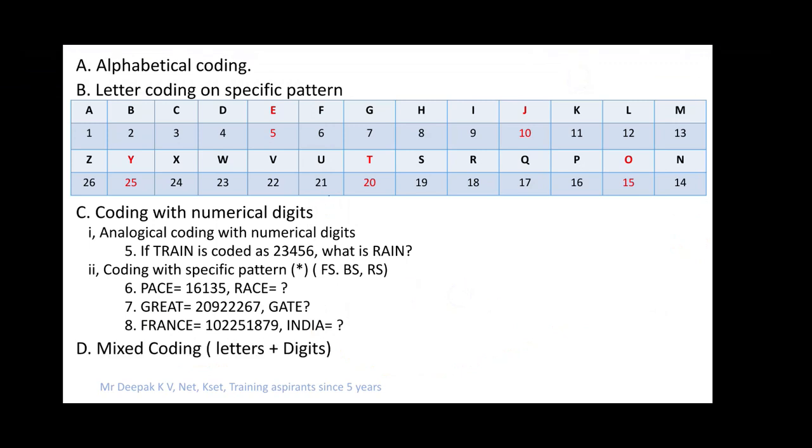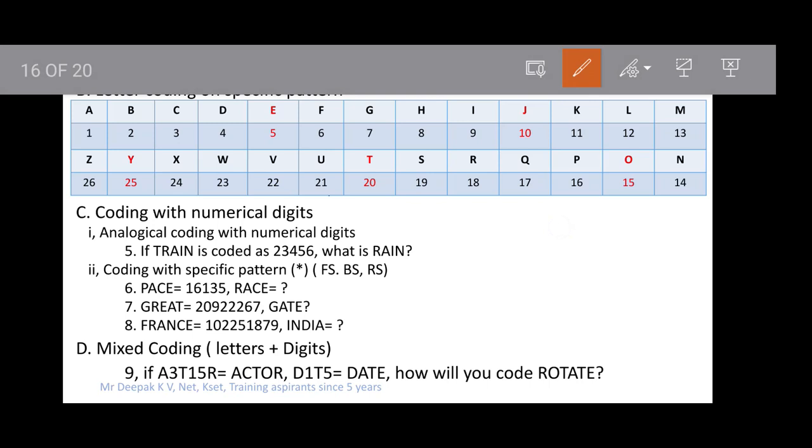The next type is a mixed coding where the letters plus the digits will be there. If code A3 T1 E5R can be decoded as actor, D1 T5 is decoded as date, how will you code rotate? It's very simple. Instead of 3 they have written C, and here we can see in the forward sequence the number of C is 3. T they have kept as it is, and the number of O in the forward sequence is 15.